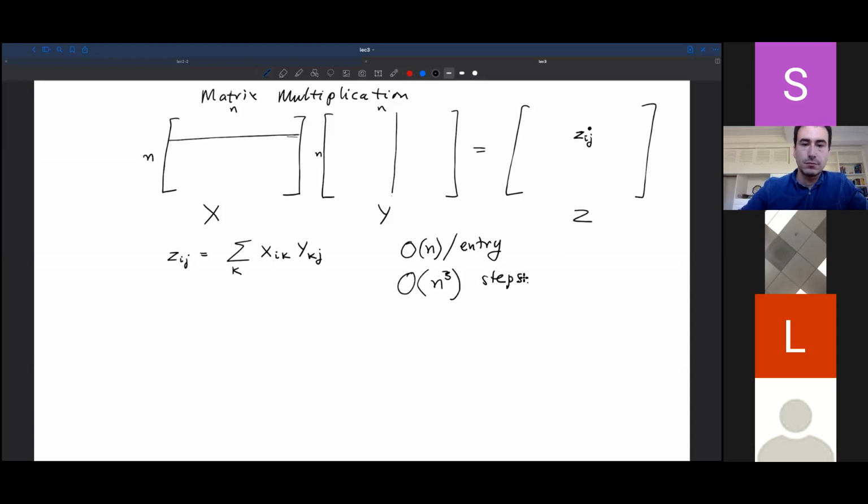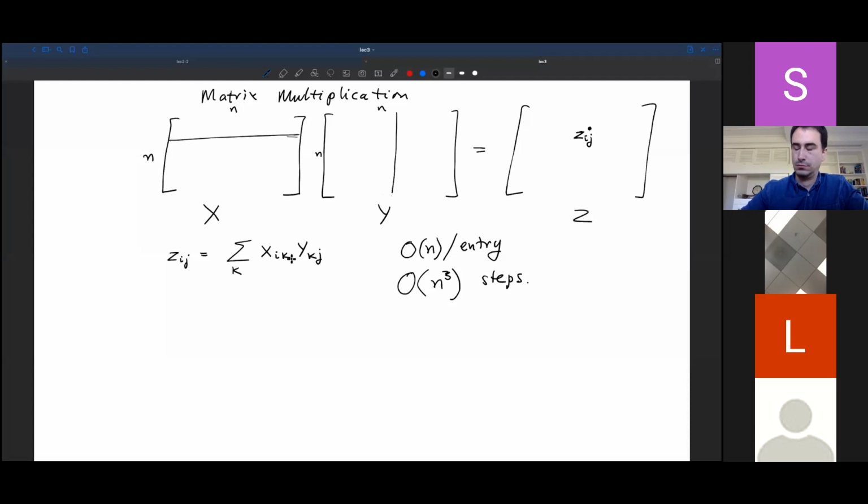Okay. And again, like integer multiplication, for a long time, people thought this was the best you could do. In fact, people even proved that this is the best you could do. Except the model of computation in which they did it, again, abstraction, right? The abstraction they used was, when you're trying to multiply two matrices, you're trying to add and multiply numbers.